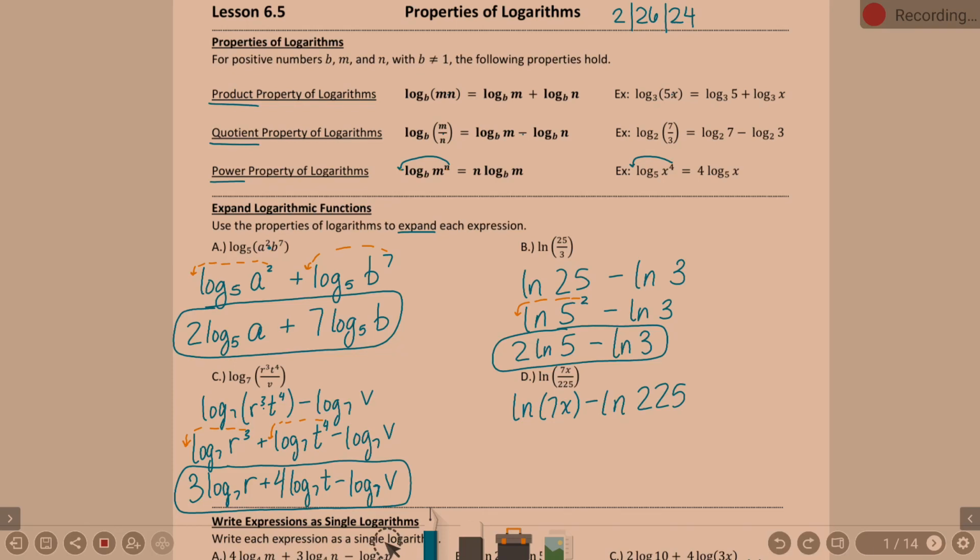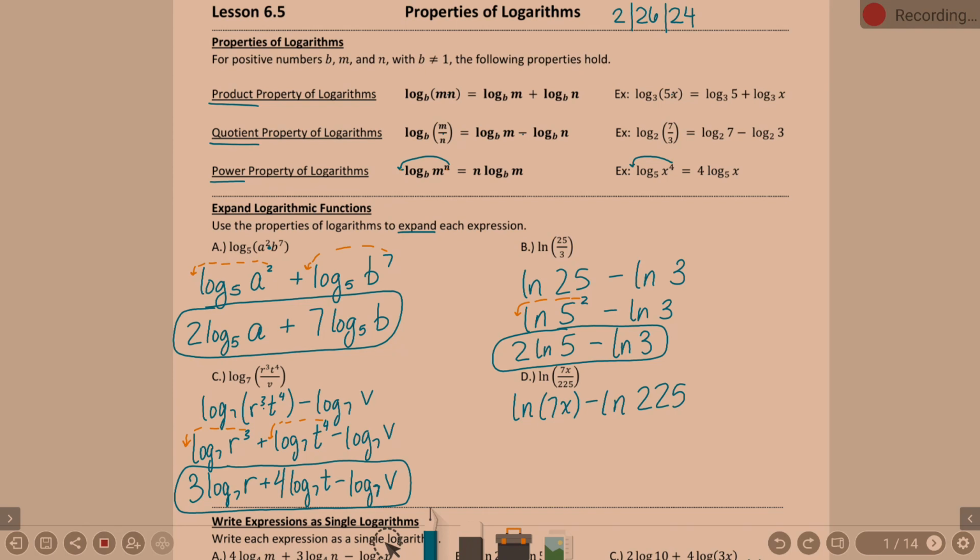Okay, what do you see? Okay, so which way do I want to take it? What do we know about 225?